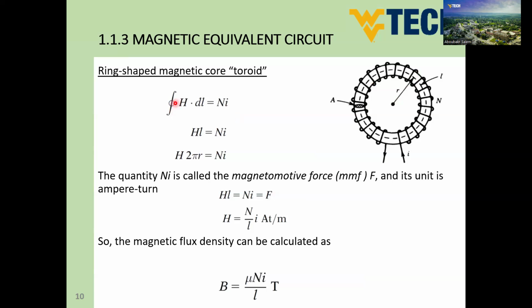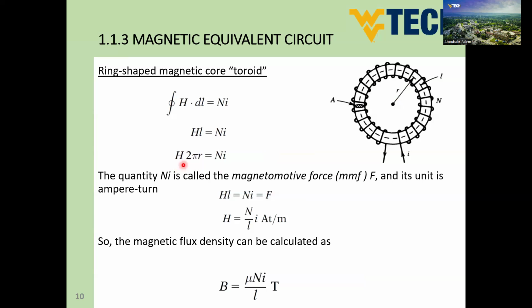So we have now the integration of H dl equals N times I. Assume that the integration of dl is going to be L, and L is nothing but the average length. The average length of our toroid, depending on the radius r, is the perimeter of a circle with a radius r, so it's going to be 2 pi r.